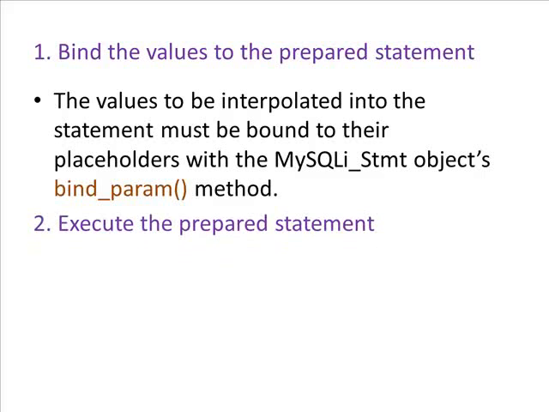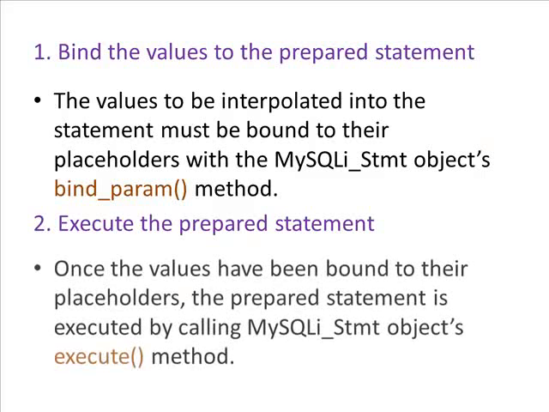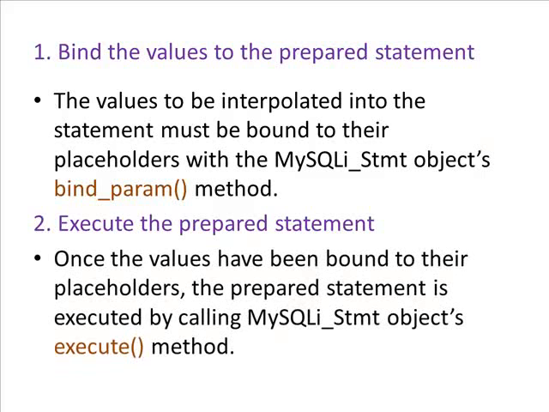The second action: execute the prepared statement. Once the values have been bound to their placeholders, the prepared statement is executed by calling the MySQLi statement object's execute method. This method replaces the placeholders in the prepared statement with actual values and executes it on the server.